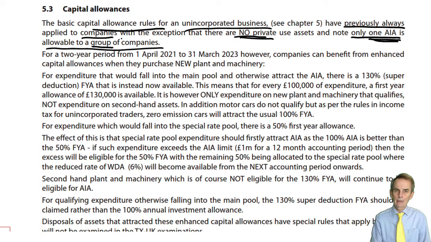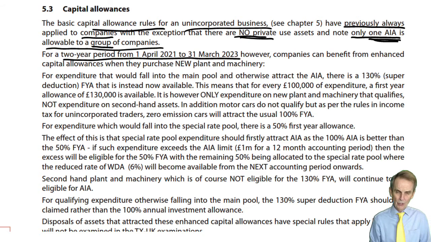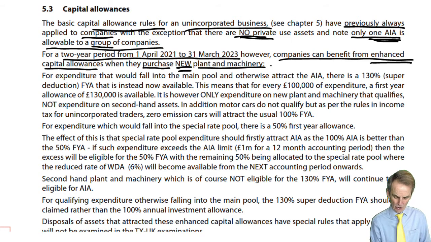But what has happened in the Finance Act of 2021? And here's the bit now that's relevant for us. For a 2-year period from 1st of April 21 to March 23, companies can benefit from enhanced capital allowances. It will only, however, be available on the purchase of new plant and machinery.